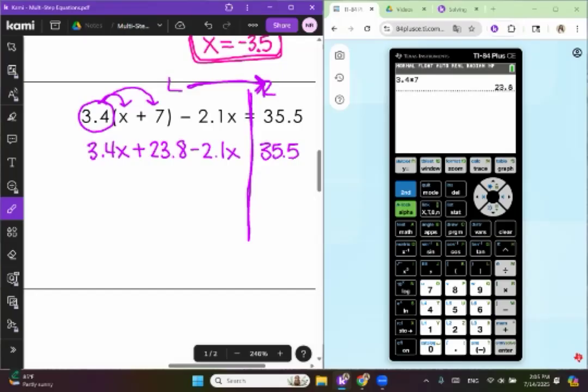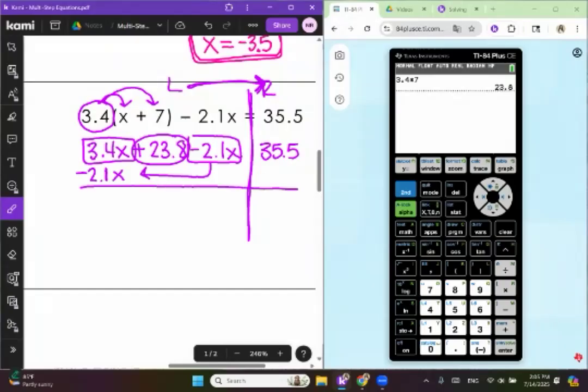After that, we notice we have 1, 2, 3. That's too many. Okay, if it's more than 2, that's too many, okay? So we do our boxes and our circles. Box, circle, box. So this time we're going to combine our boxes. Because we are combining, we're not changing from plus to minus.